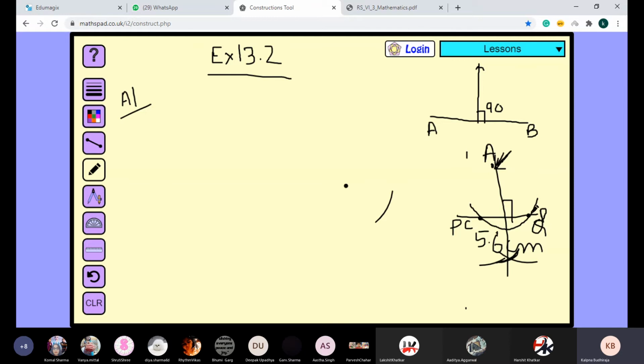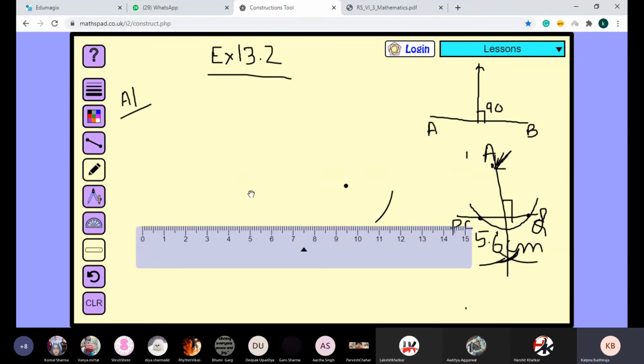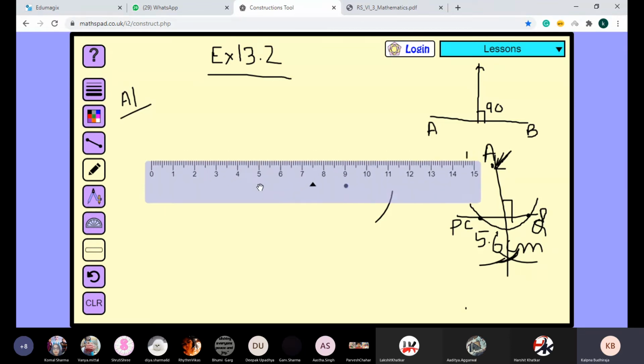I am taking this question very slowly because it is a new concept to you. So don't worry. अगर अभी आपको rough diagram नहीं समझ में आया है, corner में compass was not visible, so let us do it very carefully. Let us draw a line PQ of 5.6 centimeter.